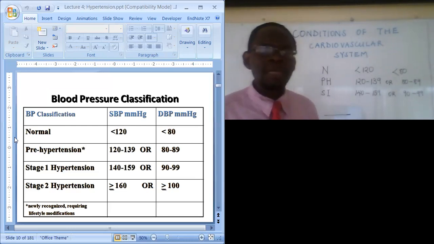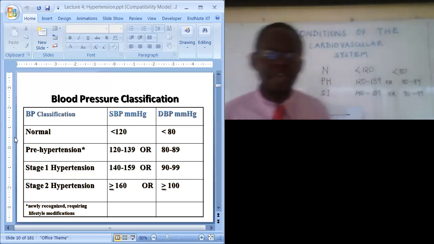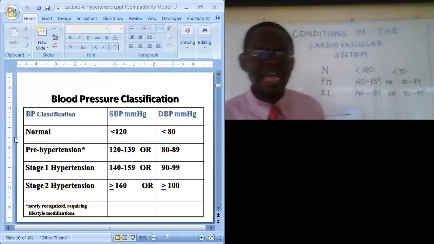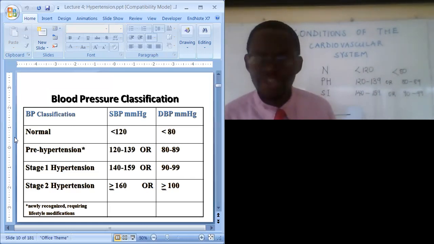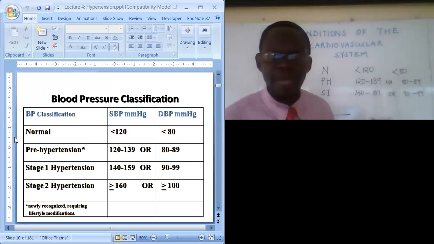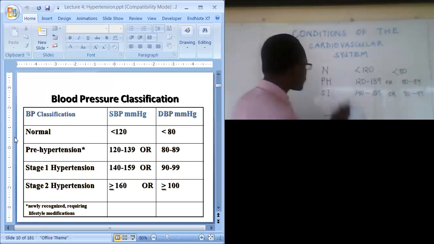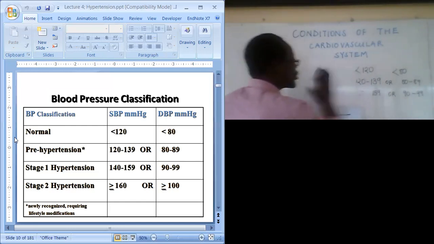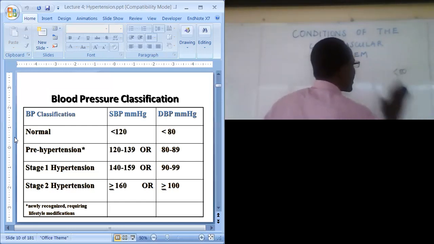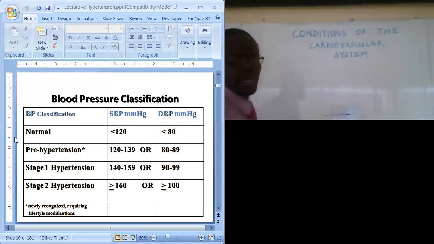Now, it is very important for you to know that a patient can come with such a blood pressure. I'm going to ask you to classify that patient, which stage that patient falls in, please.